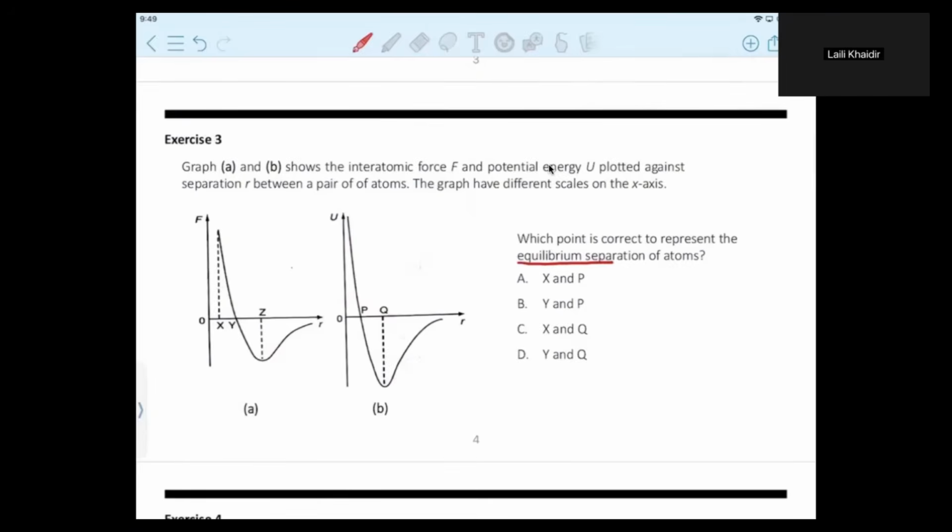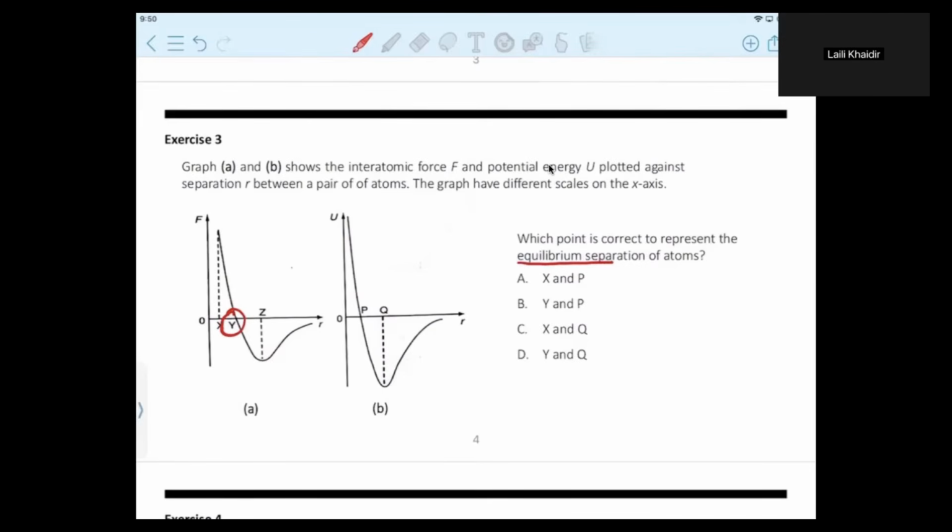We know from our previous question that the equilibrium state of atoms is when the atoms experience no resultant force. Therefore, F is equivalent to 0, which is showing the Y value. That is for A.